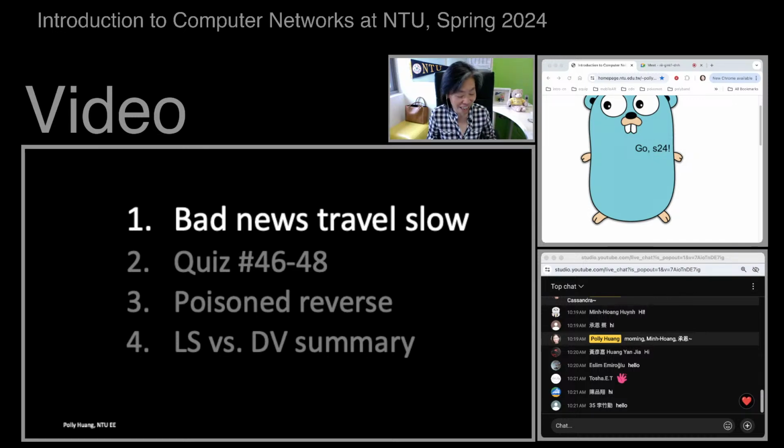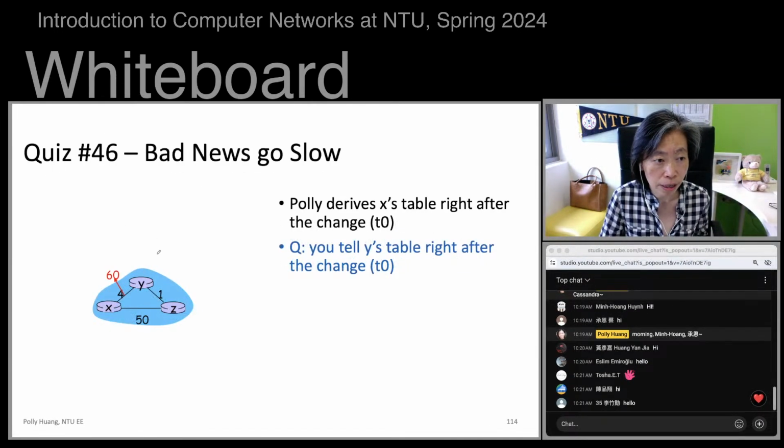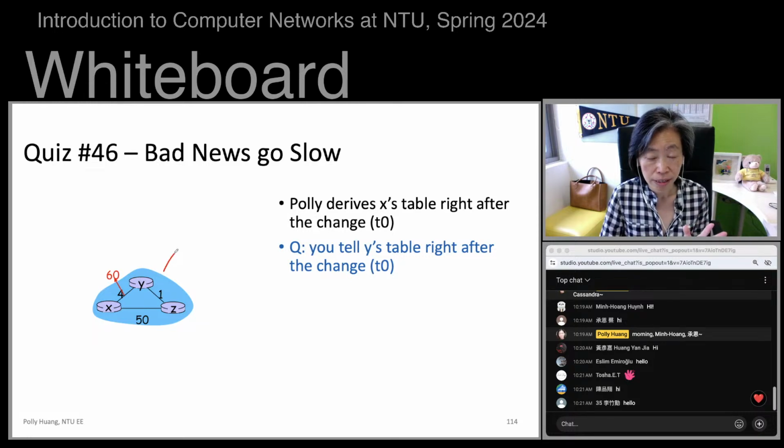So let's go ahead and start with bad news travel slow, and we'll start by introducing the first quiz today, quiz 46. Let me go to the whiteboard. This is the exact network that we used to show good news travel fast. In that scenario, the link cost between X and Y was changed from 4 to 1.